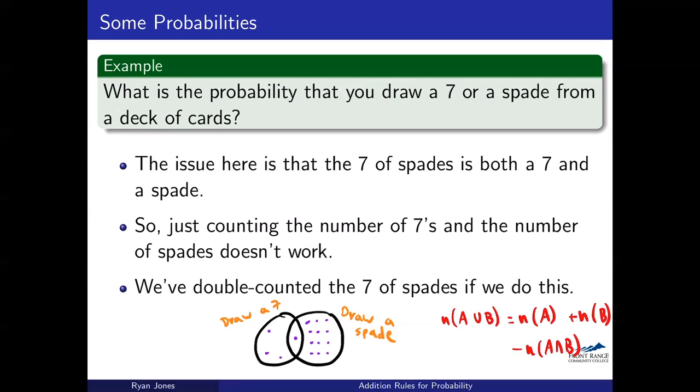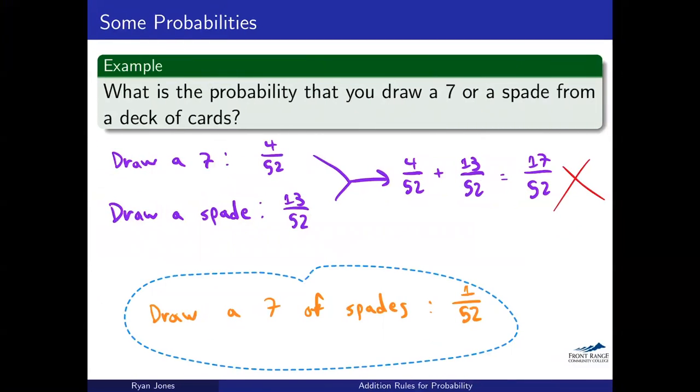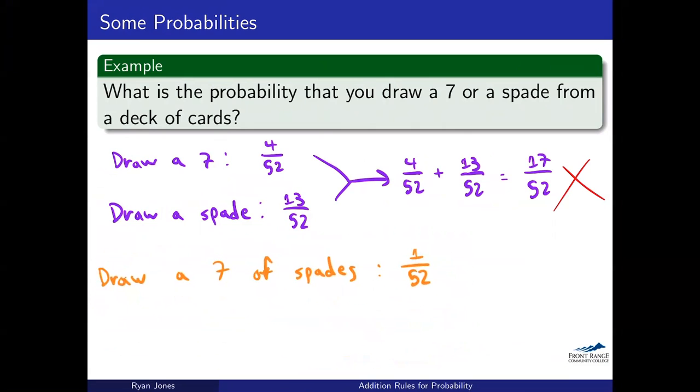In this case, we can do this problem slightly differently. If I'm double counting that 7 of spades, let's come right back here. There's the 17 ways that I could count a 7 or a spade, but I'm double counting one of them. So why don't we just subtract that off?